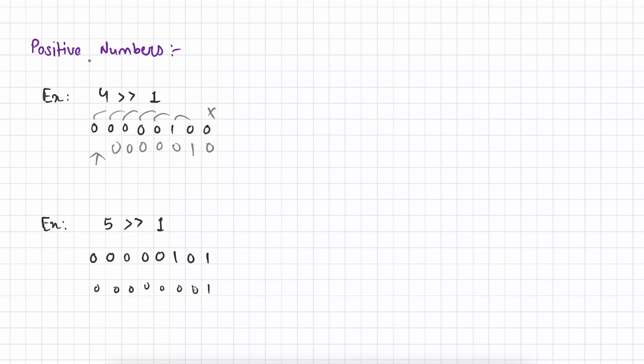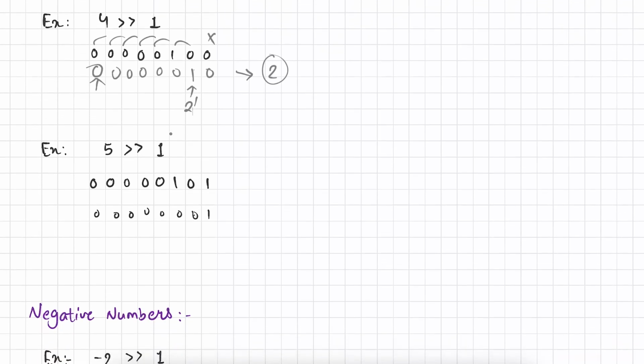What the right shift operator does, as it is a positive number, is simply fill this place with 0. Now what is the decimal number of this binary representation? It becomes 2, right? Because this bit corresponds to 2 to the power 1. So that's why the output of this operation is going to be 2.